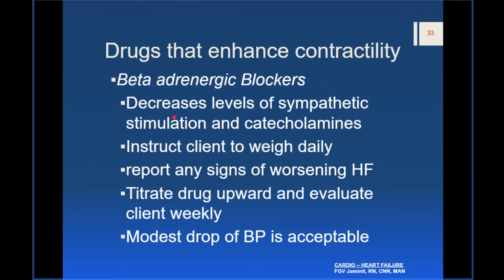Then beta-adrenergic blockers, which decrease the levels of sympathetic stimulation.